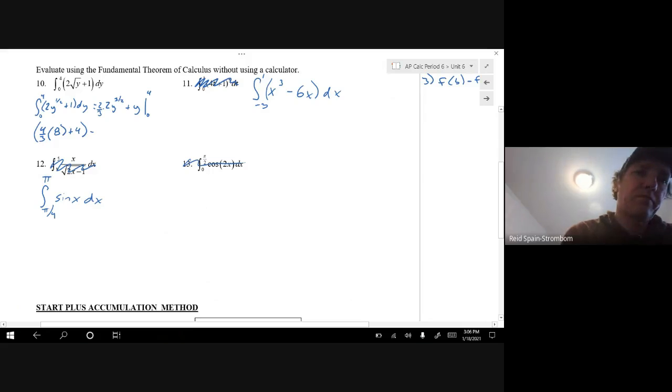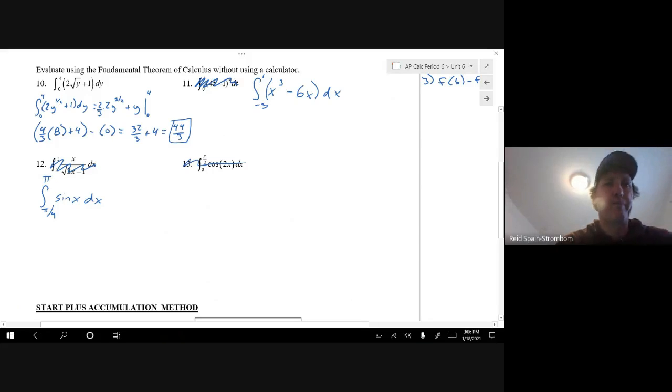And then minus, we're going to plug in 0. And you can see we'll just get 0. So we end up with 32/3 plus 4, which ends up equaling 44/3 would be our answer there. Okay, and you can check that with a calculator.